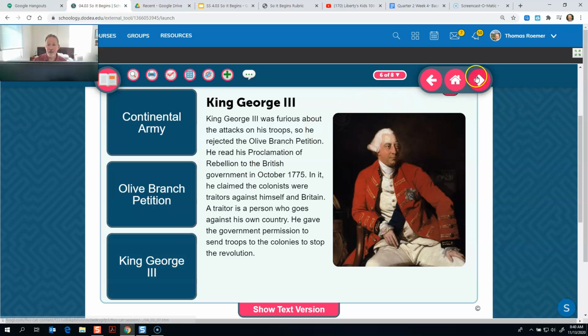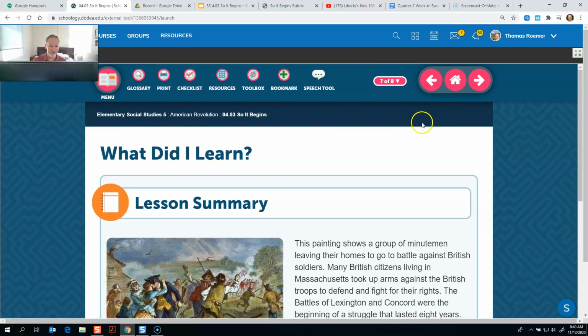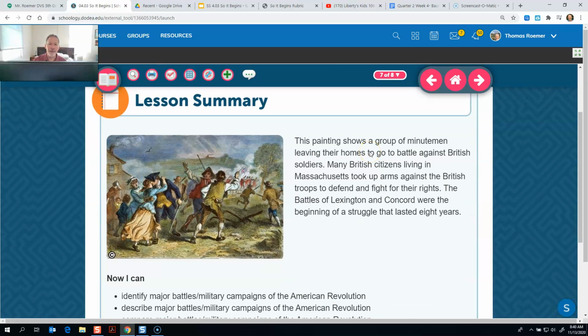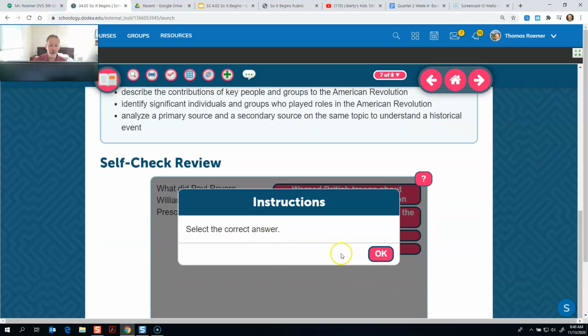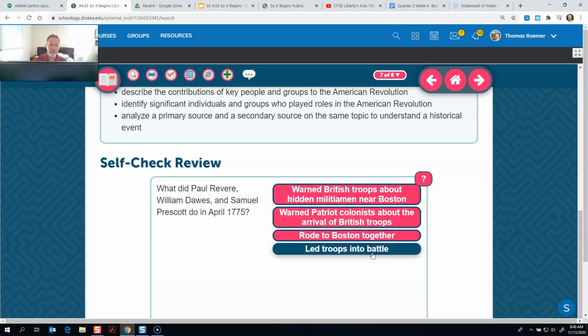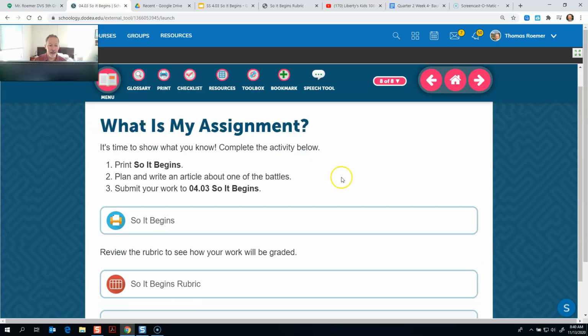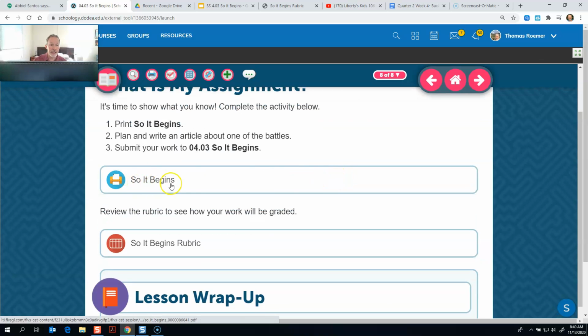Slide 7 is just the summary. Now you can do all of these things, especially if you go back over this lesson. Then go ahead and do the review. In slide 8 it gives you the work that you need to do. It says, so it begins.